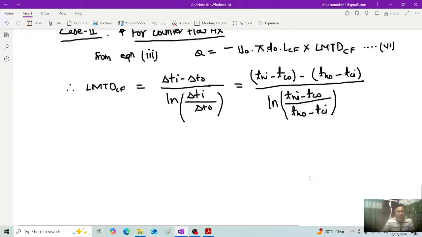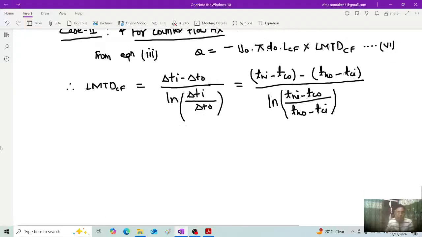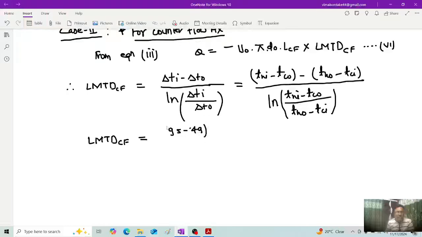Let us plug all these values. So LMTD for counterflow comes out, Thi is 95, Tco is 49, Tho is 63.69, Tci is 27.